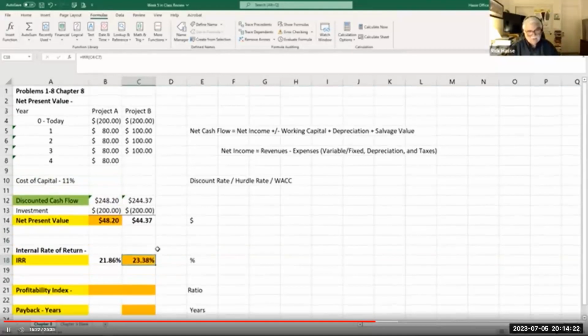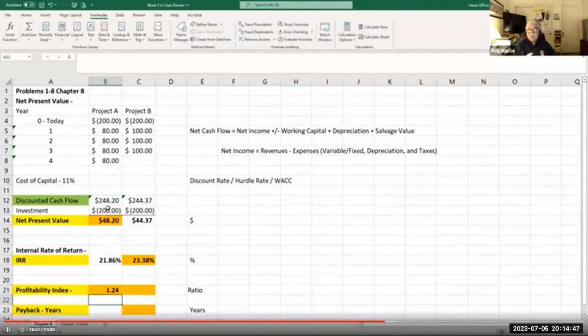Let's take a look at the profitability index. The profitability index is a ratio, and the ratio is the relationship of the discounted cash flow to the investment. So I just put in the formula equals the discounted cash flow divided by the investment, and I get 1.24 times greater.